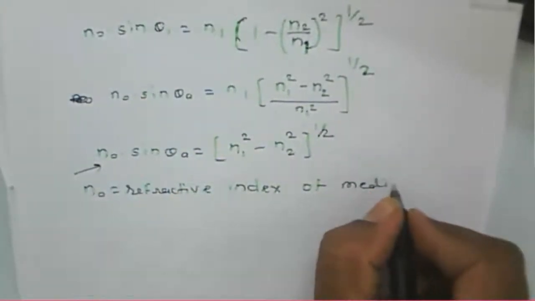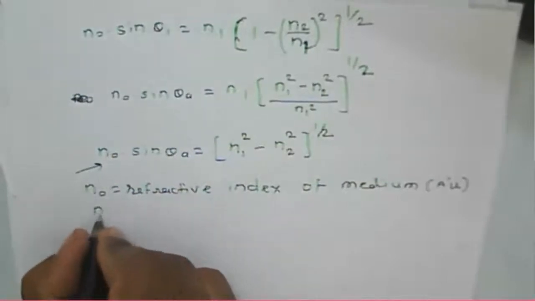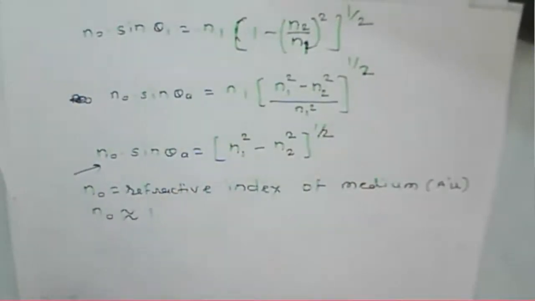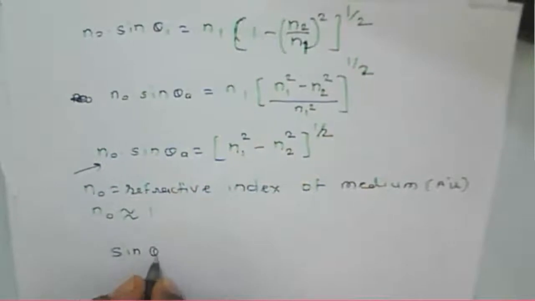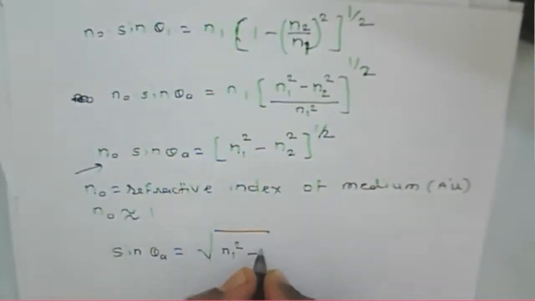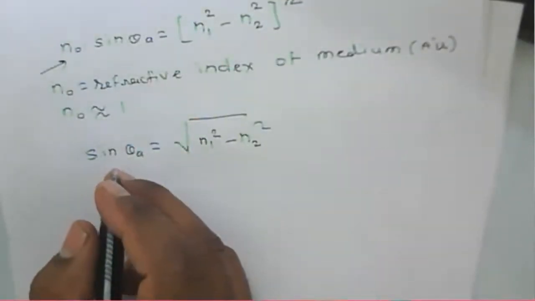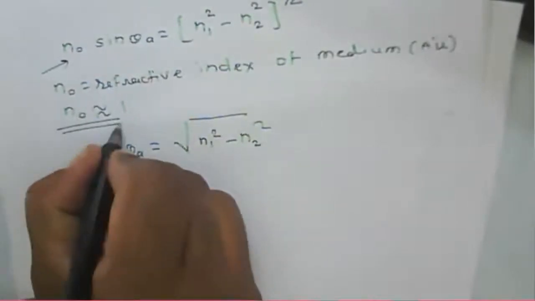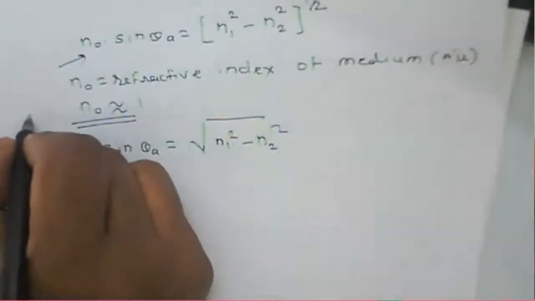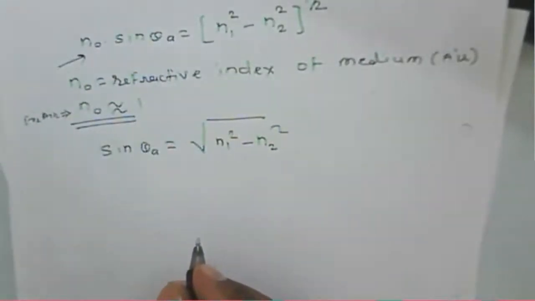And this n0 belongs to the medium. Which medium? n0 is the refractive index of the medium, and that medium is air. For air, we consider it approximately 1.